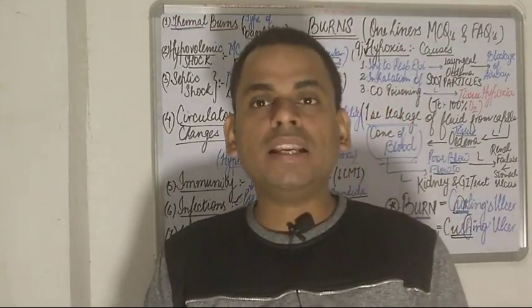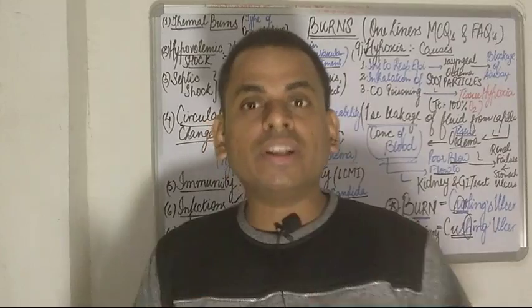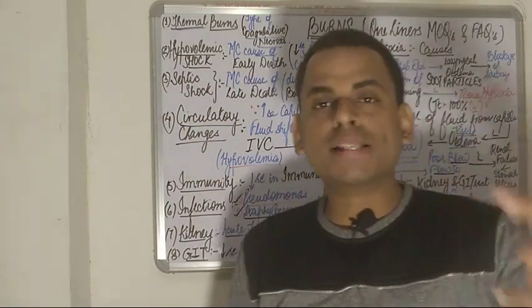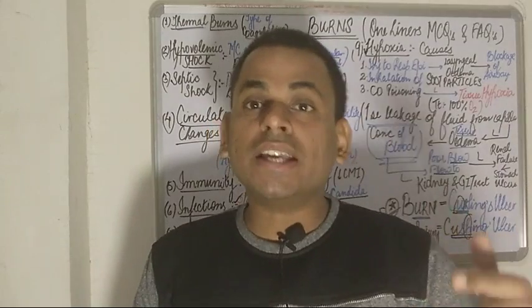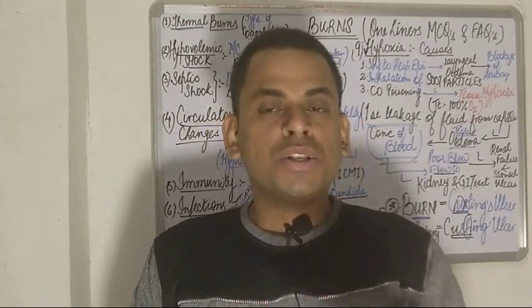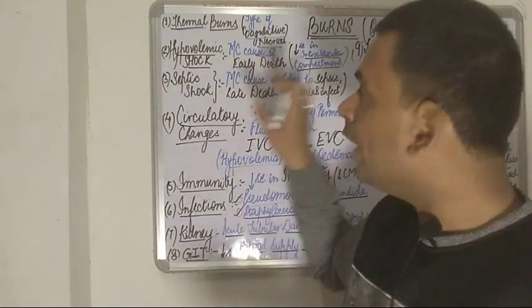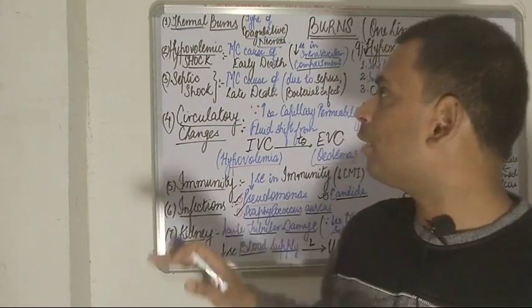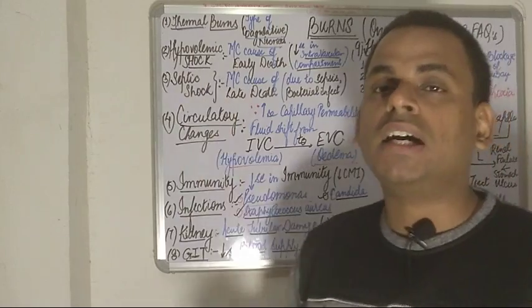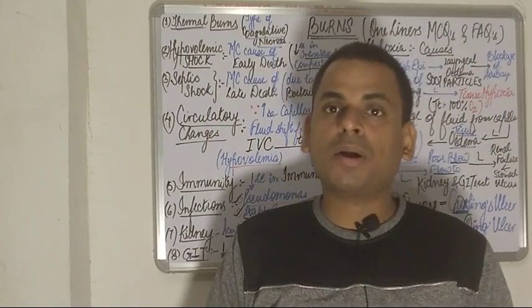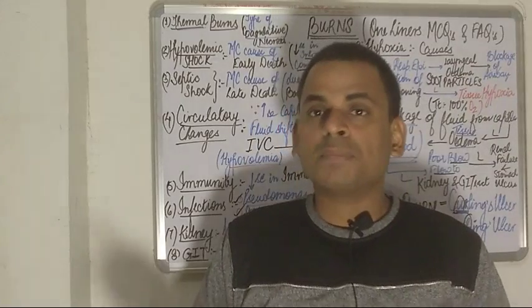That will ultimately lead to an increase in the extravascular compartment and a corresponding decrease in the intravascular compartment. So students, whenever there is a decrease in the intravascular compartment, there has to occur a hypovolemic shock.